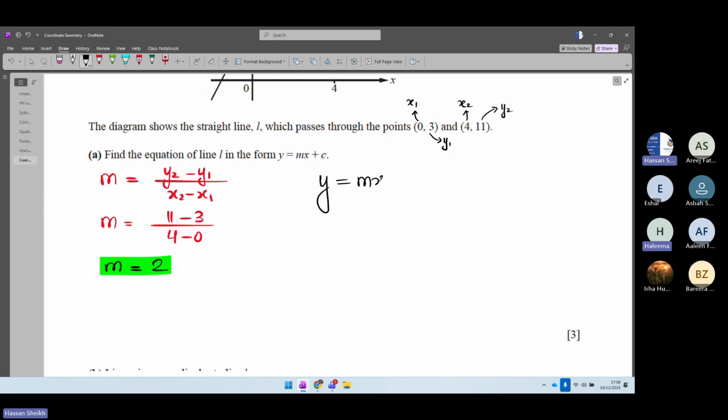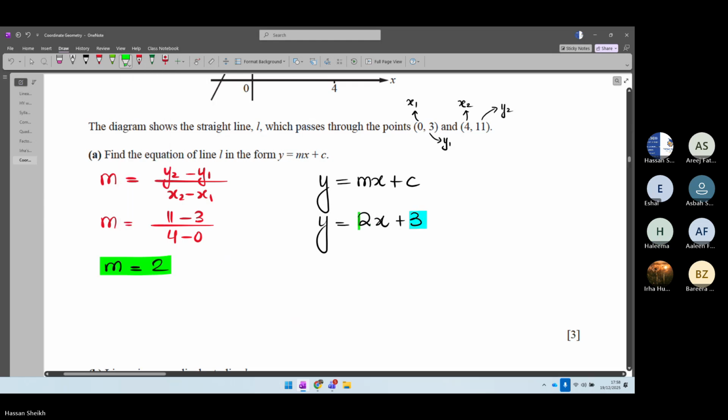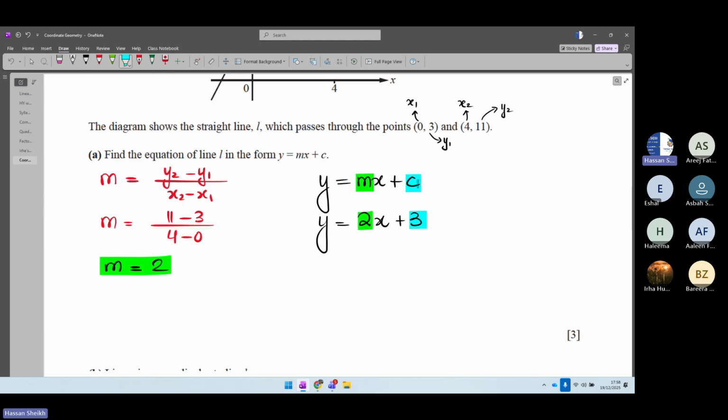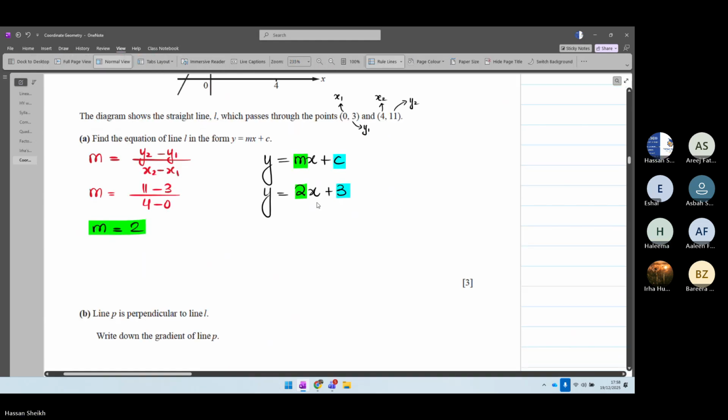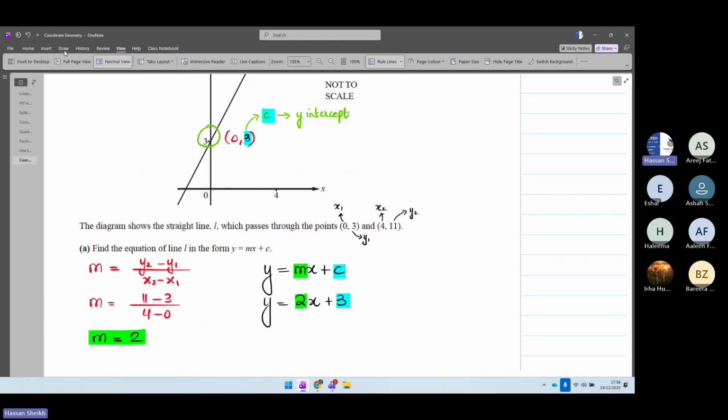And what is the standard form? Is that y equals mx plus c? Now, once you have this, just substitute the values of m and c. X and y are still there, they are part of the equation. Students, do you understand how we applied y equals mx plus c here?